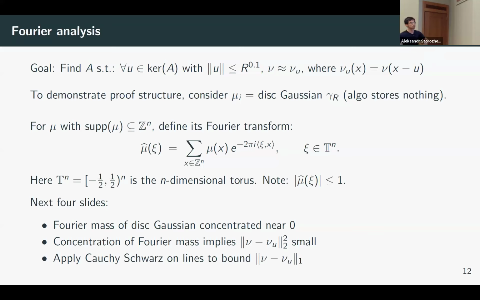So this norm here is actually the norm on the torus, which means it's the distance to the closest integer point. And once we have this form, we know that the Fourier transform value is basically negligible when psi is like 1 over r far from the origin. It's going to be exponentially small.